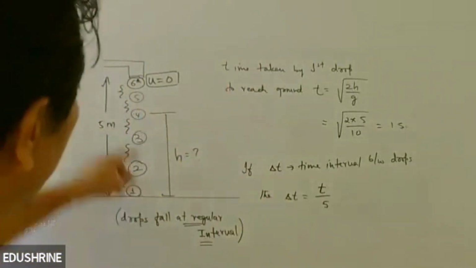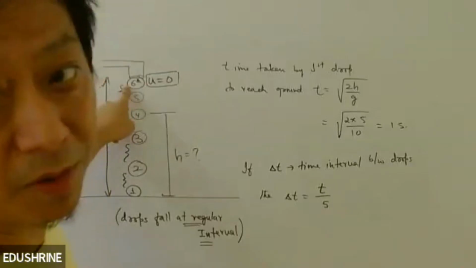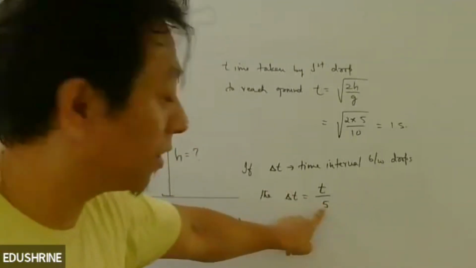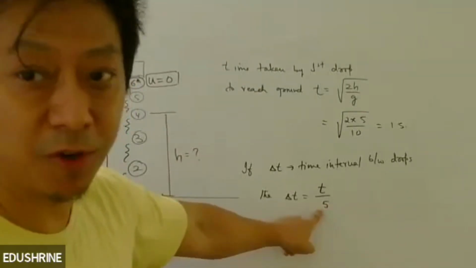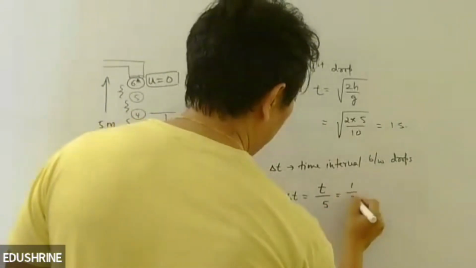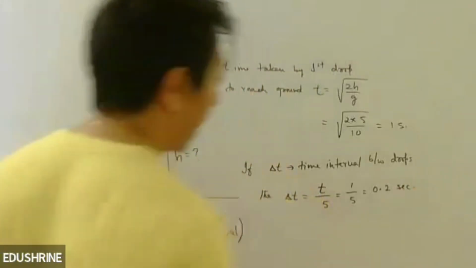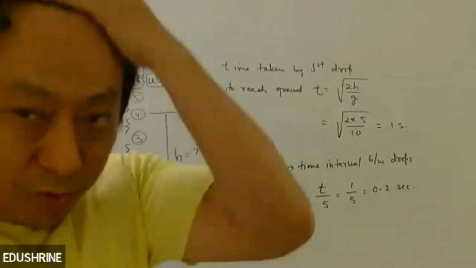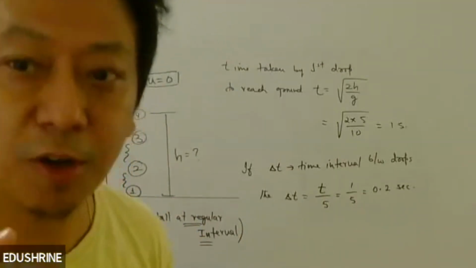Please remember, if it is the 6th drop, then 5, because in the exam they may put the 10th drop or 11th drop. Then it will be 10. Don't forget it, okay? That will be 1 by 5, so 0.2 seconds. So now we know the interval is 0.2 seconds, after which the next drop will start.